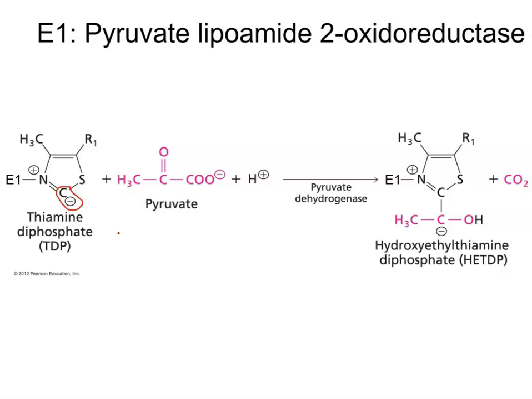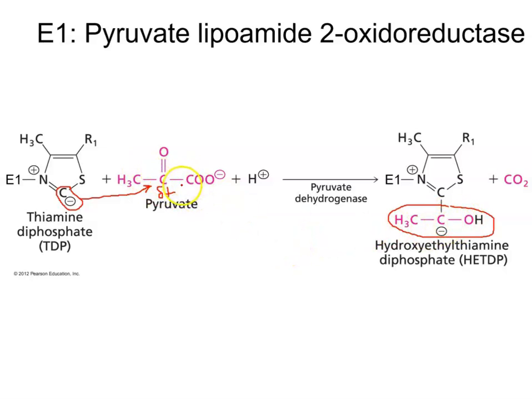It doesn't want to stay that way very long, and it's going to be very attracted to the partially positive carbon on this ketone here. So this negative charge is attracted to this positive, and as you can see, that results in the bond formation that we see over here. This is a very temporary bond formation.